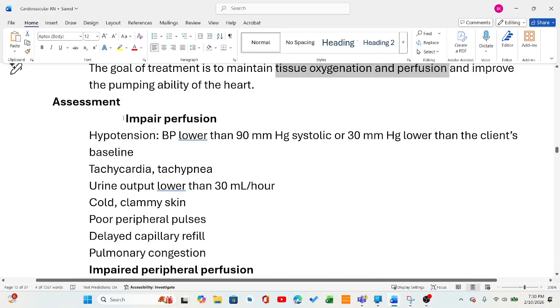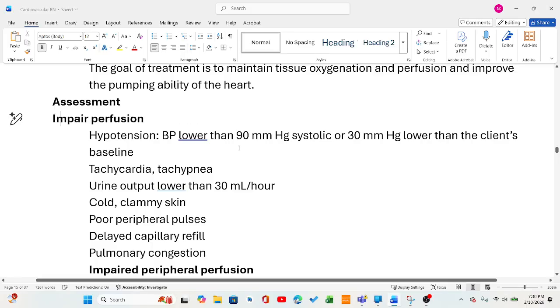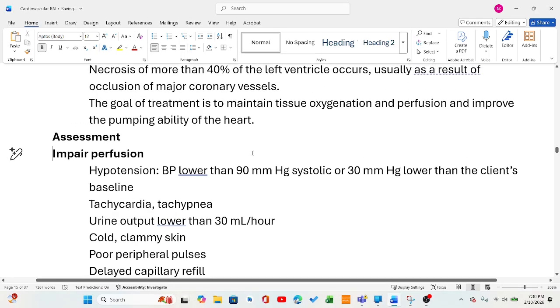So what are some of the assessments that we need to know as far as cardiogenic shock is concerned? Because it's a shock, remember the heart is no more pumping, so blood pressure is going to drop.